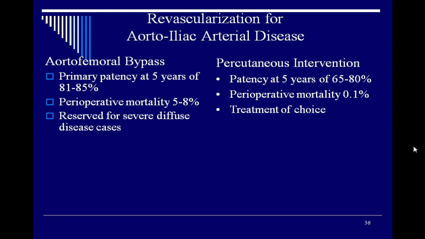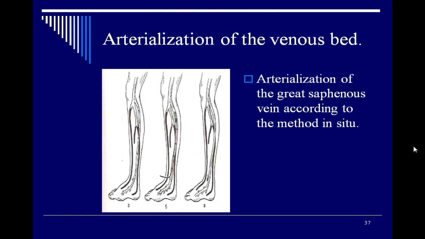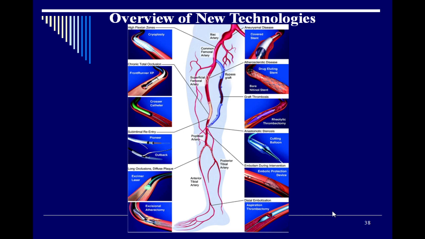Perioperative mortality is 0.1%. Treatment of choice. Arterialization of the venous bed. Arterialization of the great saphenous vein according to the method in situ. Here you can see an overview of new technologies.